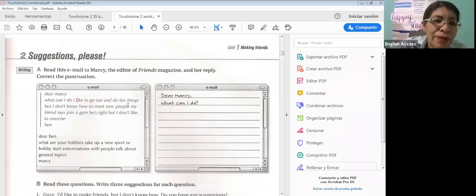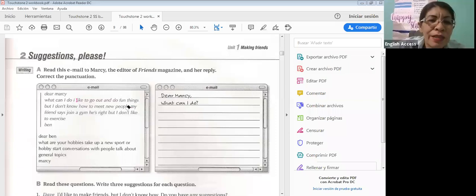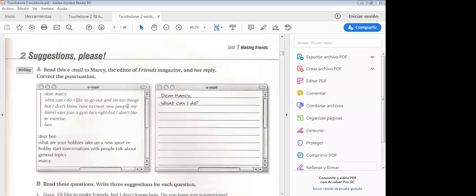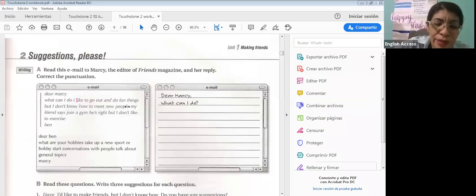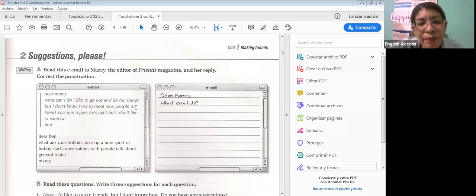We don't have the period. Yes, we need a period. And after the period, and then what happened? You have the period, and then, yes, capital M, Luis, correct.